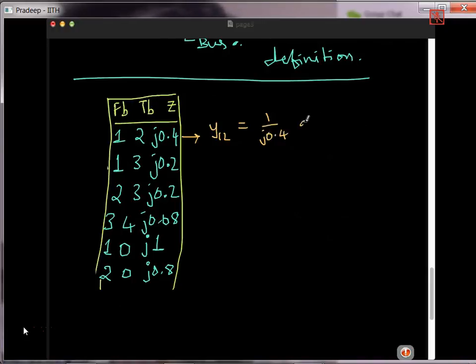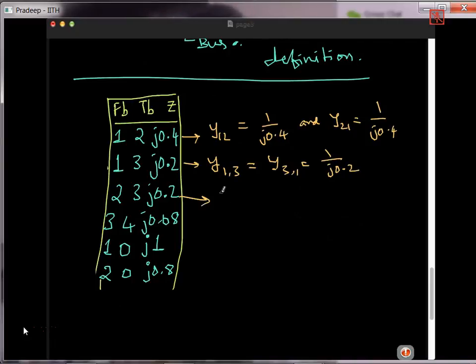Similarly, I will also say y21 equal to 1 by j 0.4. Then I take the second line. So I have this. So y13, or first row third column, is equal to y31, is equal to 1 by j 0.2. So this is my logic. So I'll take the third line. So y2 comma 3 equal to y3 comma 2 equal to 1 by j 0.2 and so on. Like this I'll run this code.